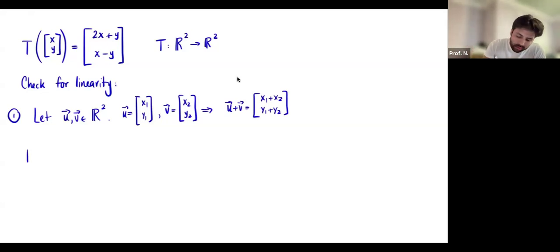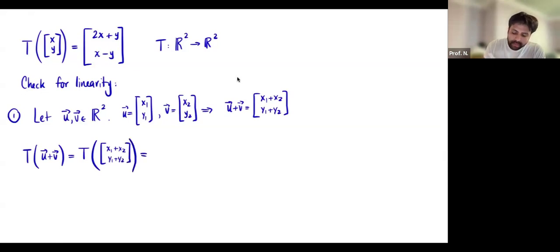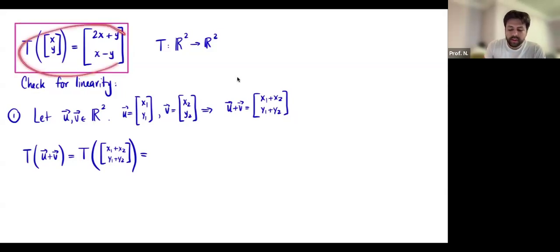And what we're going to do is plug U plus V into T, which is T of x1 plus x2, y1 plus y2. Now, according to this rule, what's the rule that I have? The rule is defined in this very equation here.